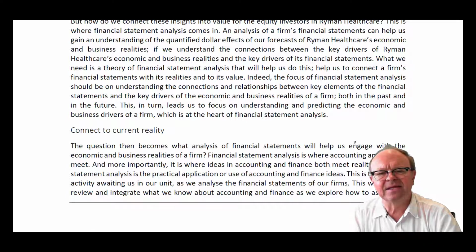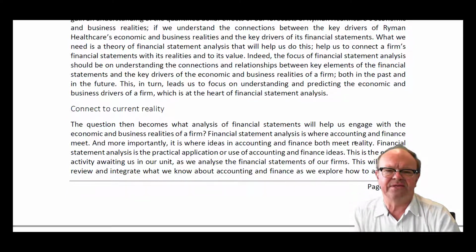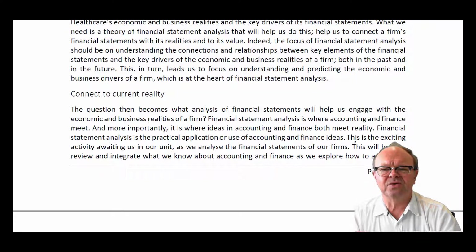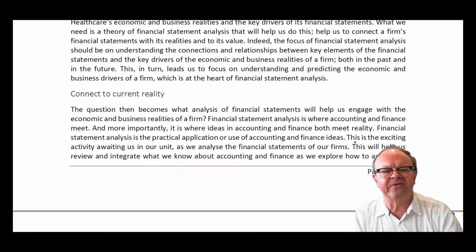If we understand the connections between the key drivers of Ryman Healthcare's economic and business realities and the key drivers of its financial statements, what we need is a theory of financial statement analysis that will help us do this, help us to connect a firm's financial statements with its realities and to its value.